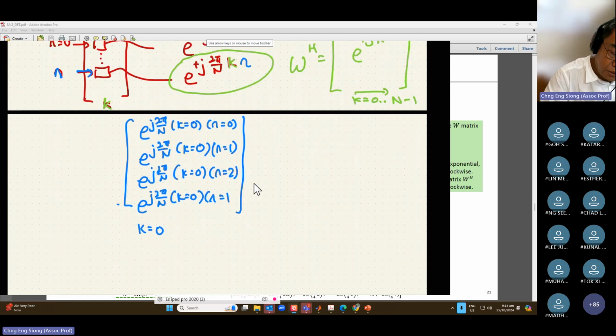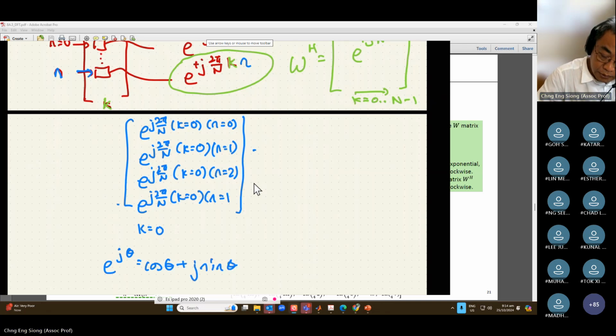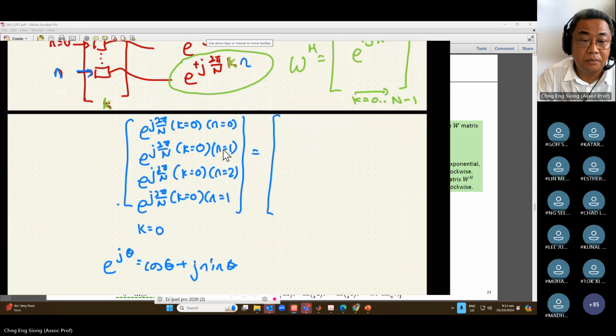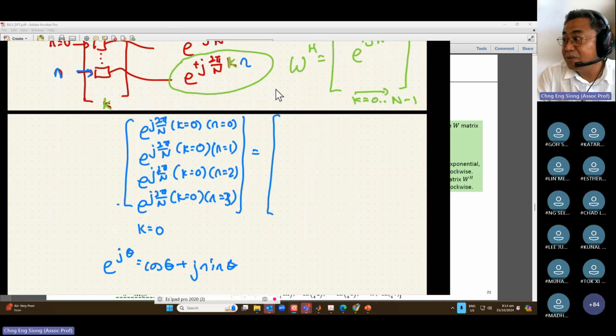Remember our Euler identity, e^(jθ) equals cosine θ plus j sine θ. So n equals 0, 1, 2, 3, big N equals 4.